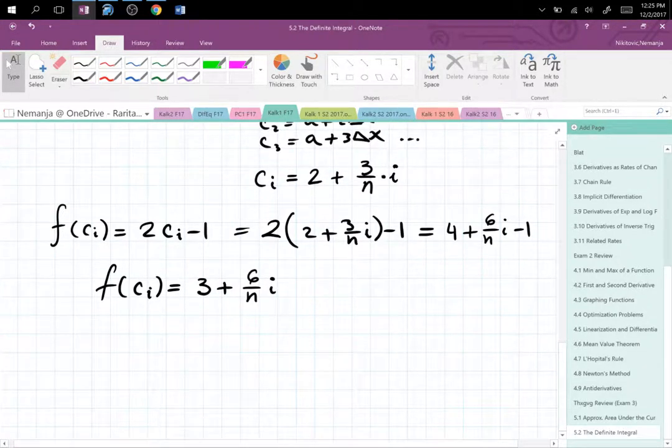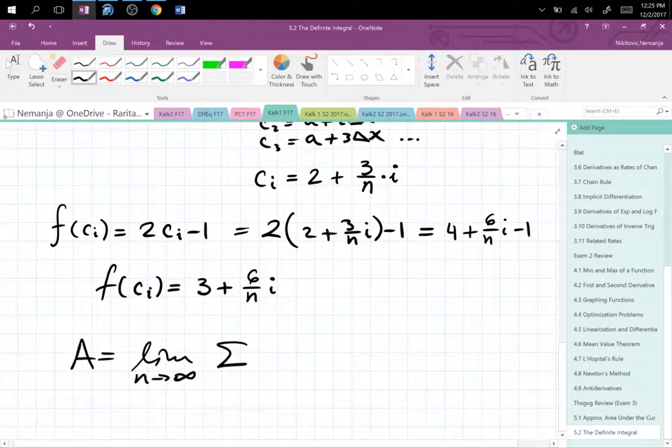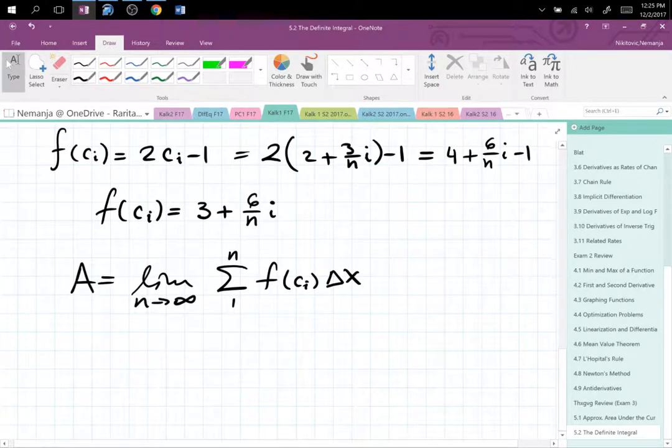Now if I look at my formula for exact area, the sum from 1 to n of f of Ci delta x, we have everything to plug in now.